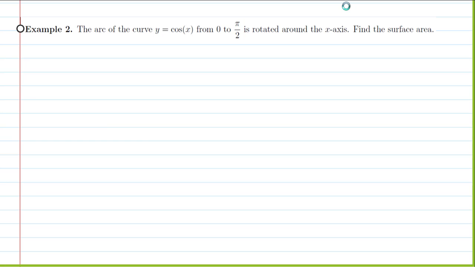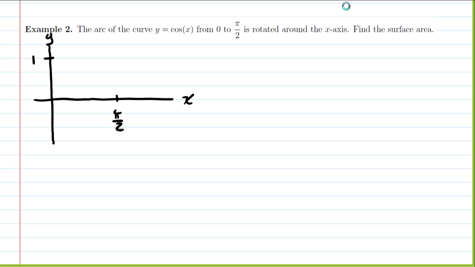Okay. So we're rotating about the x-axis, and we have the curve y equals cosine x from 0 to pi over 2. So I'm going to draw a sketch to help me out. Here's my x, here's my y. I'm going to put 1 here, and then pi over 2 is like 1.5, so we'll put it here. The cosine function starts at 1, cosine of 0 is 1, and the cosine of pi over 2 is 0.